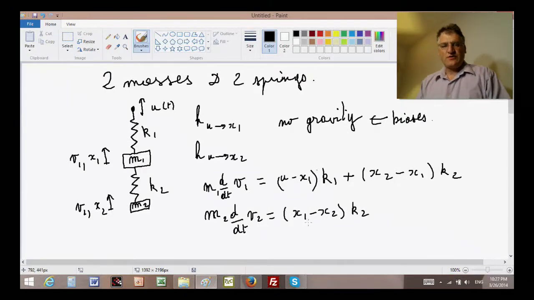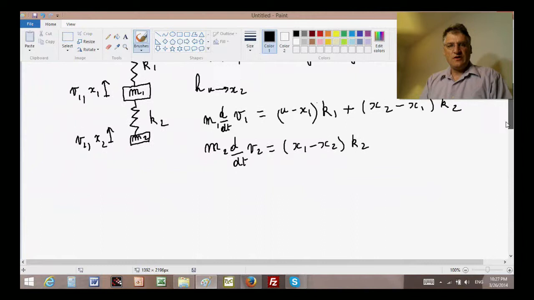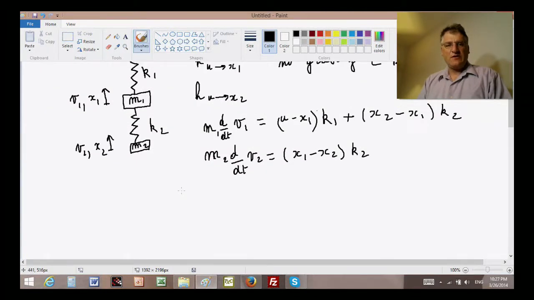In order to get the transfer function from u to x1 or u to x2, we need to use the Laplace transform to begin with. And we get that m1 x1 double dot is equal to (u minus x1) times k1 plus (x2 minus x1) times k2.